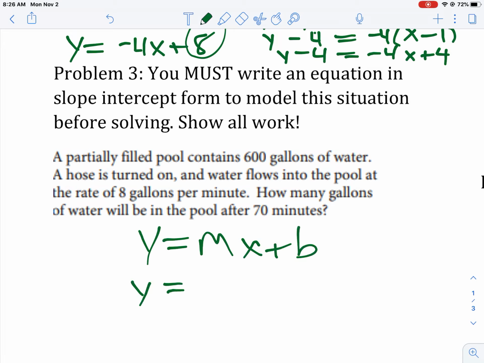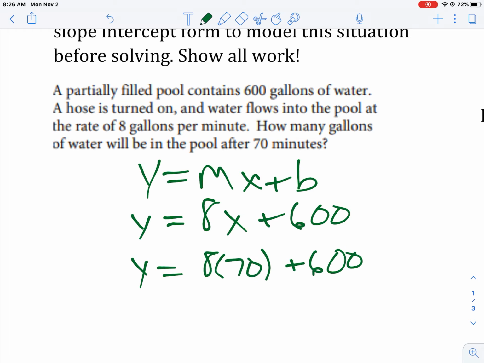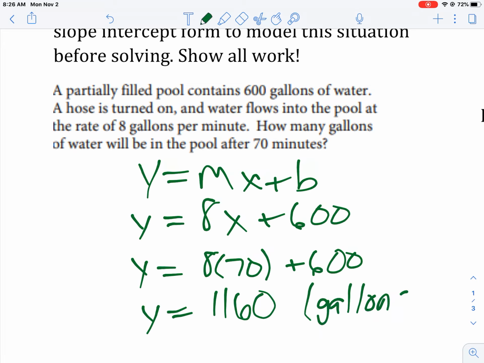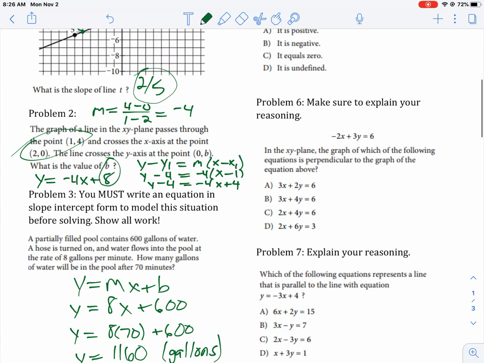So we have y equals 8x plus 600. y equals 8 times 70 plus 600, which is 1,160 gallons. And I just put gallons in parentheses because on the test you'd have to fill it into the free response, so you wouldn't have to have units.